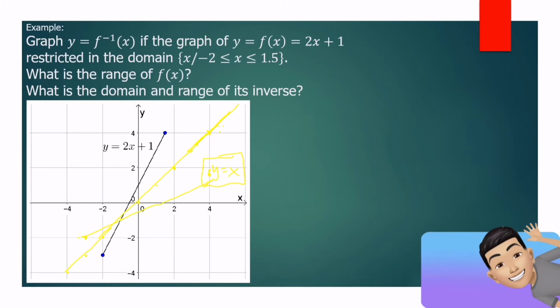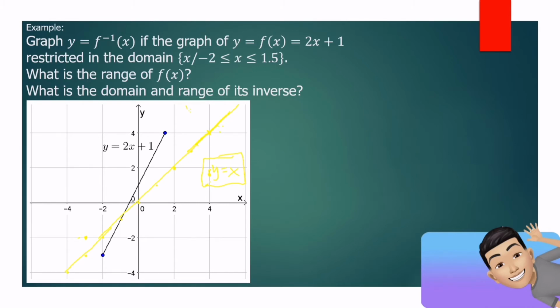Wait lang, i-undo natin. Kuha tayo ng eraser. Okay. So, ulitin ko. 2 points determine a line.